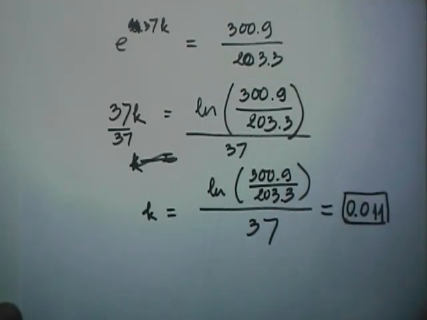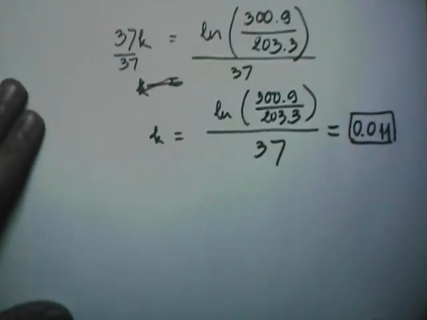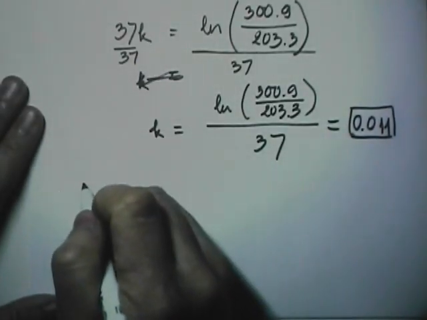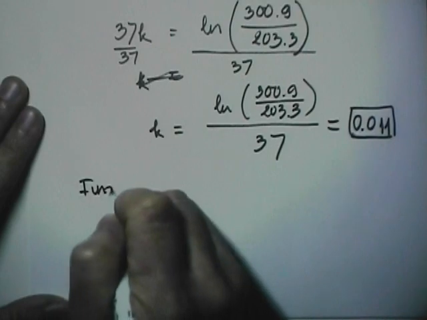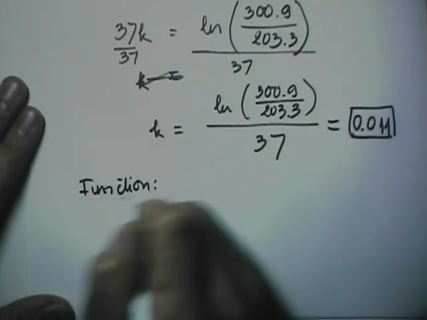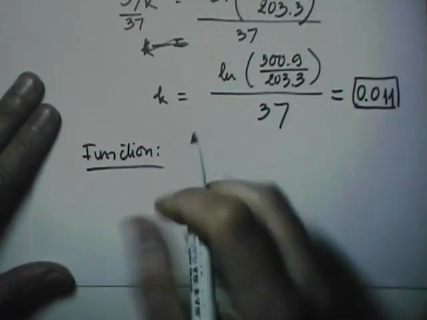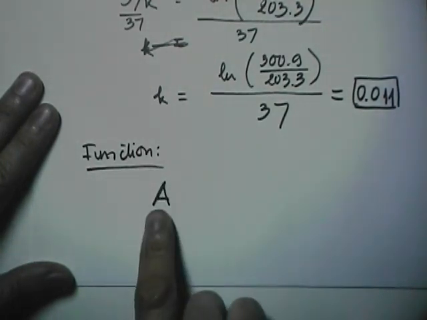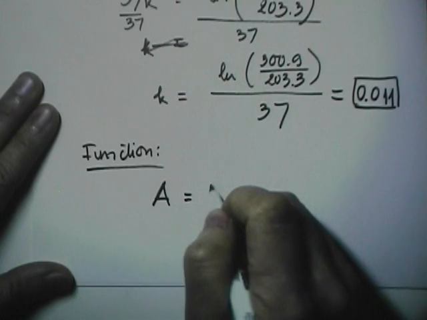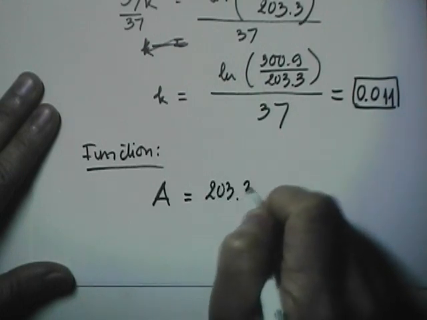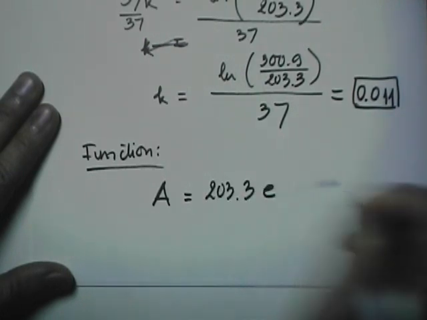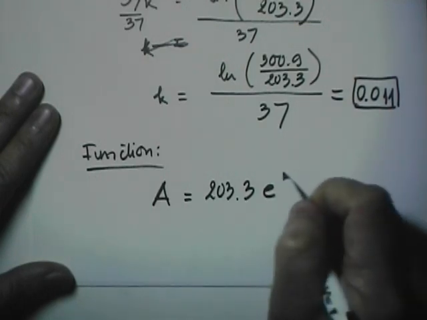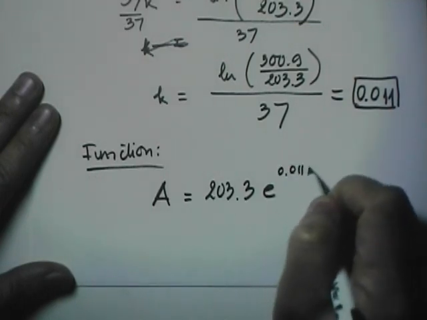So what am I going to do with that k? I'm done. My function, at any time, the population in any year, is equal to 203, which is the initial population, times e raised to the power of 0.011t.